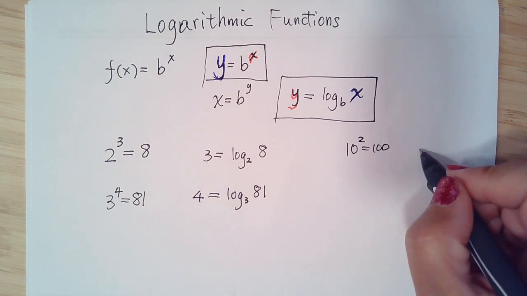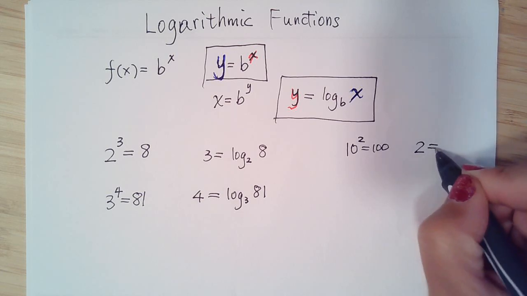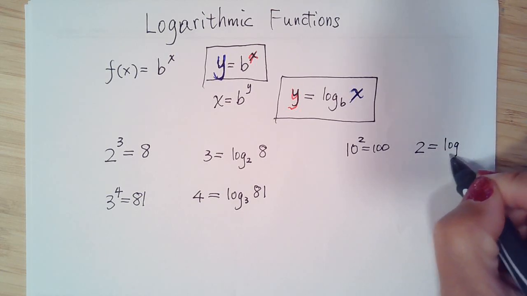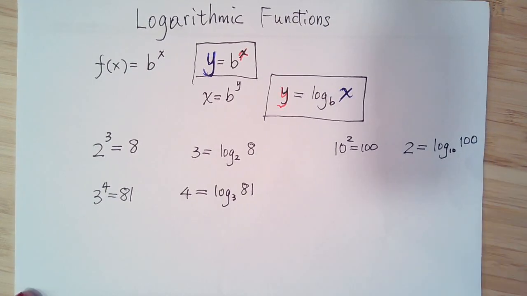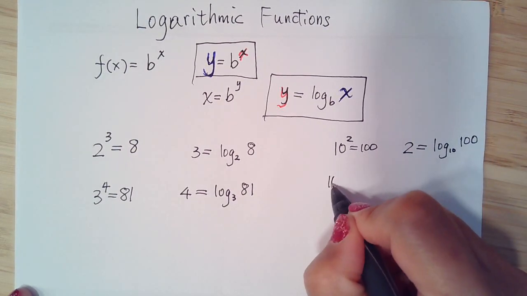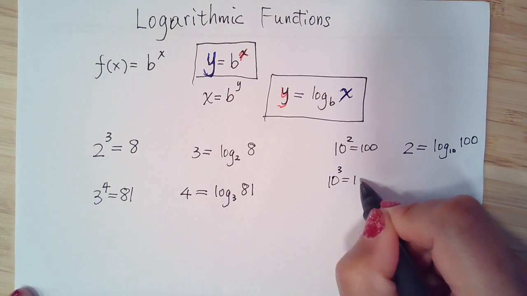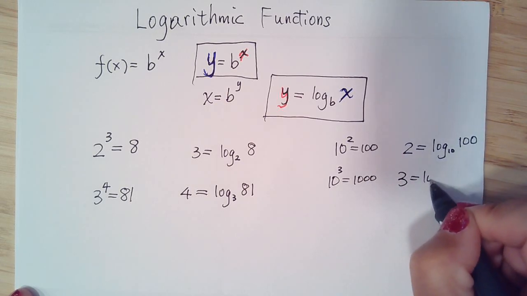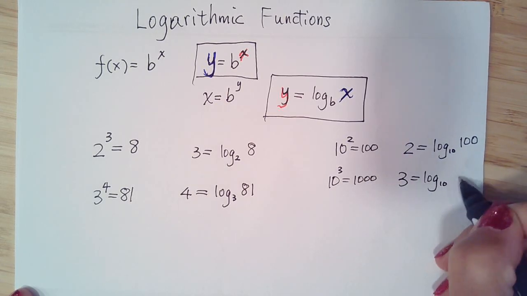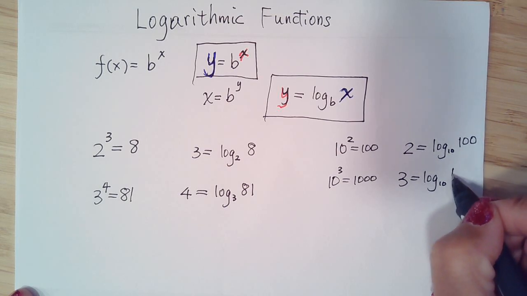And then 2 equals, in the log form, log base 10 of 100. And 10 to the third, of course, is 1,000. So 3 is log base 10 of 1,000.